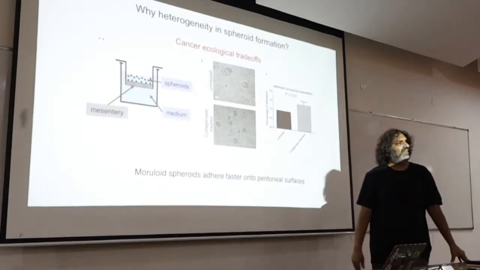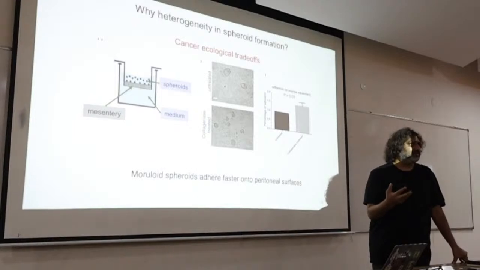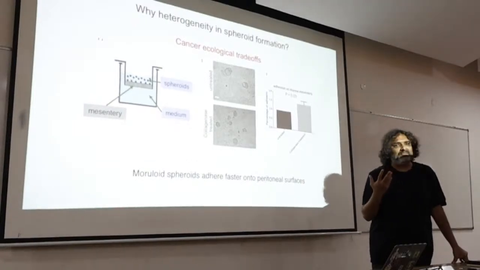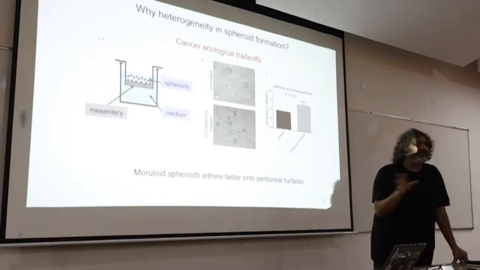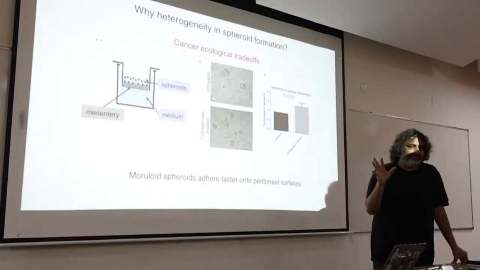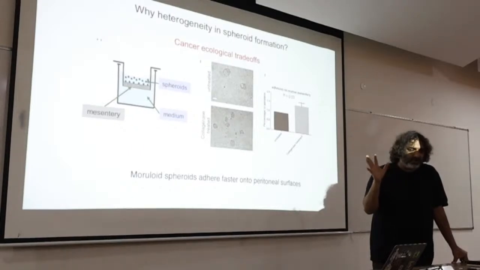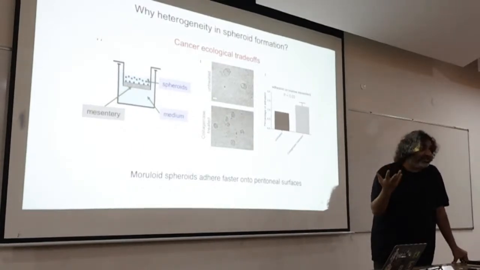Why is it that we have these two different types of spheroids? And some answers towards that came from one experiment where we asked, okay, so remember this other concept that cancer biologists harp on and obsess over, which is called the intratumoral heterogeneity, phenotypic heterogeneity, right?